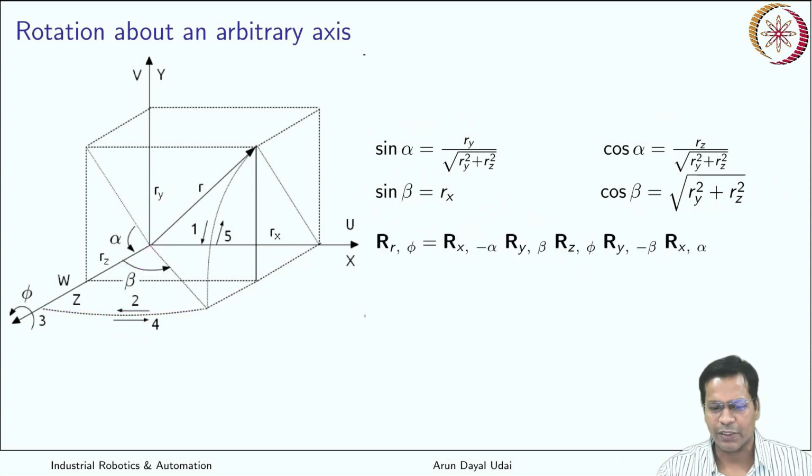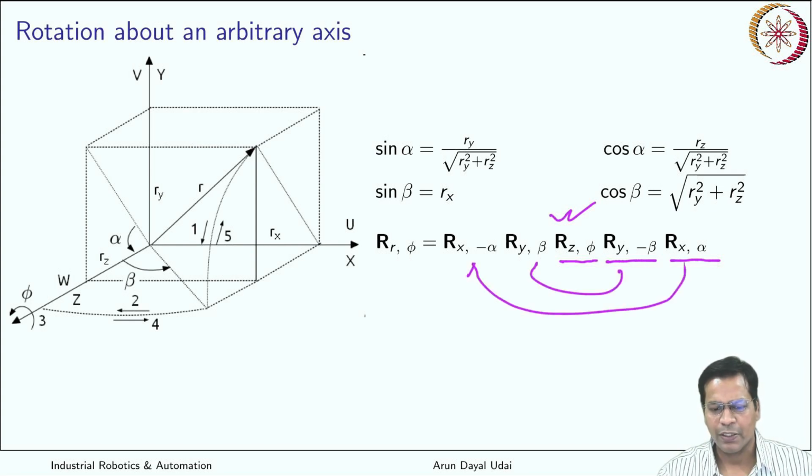So this is your order. First you did rotation about the x-axis by an angle alpha, then about the y-axis by minus beta. Then comes your actual rotation. Then you brought it back here, so you have to do the reverse transformation.